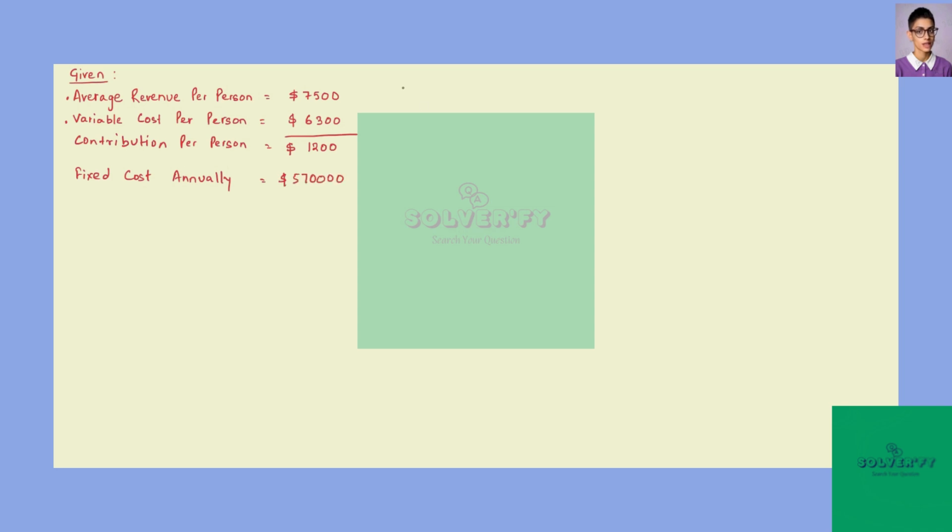So the first question has asked break-even point in units. For it, the formula will be fixed cost divided by contribution per person.